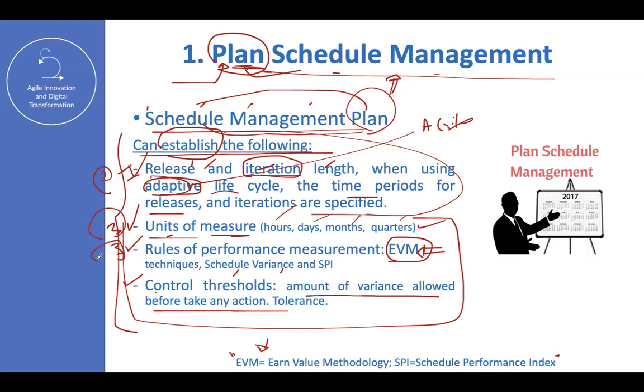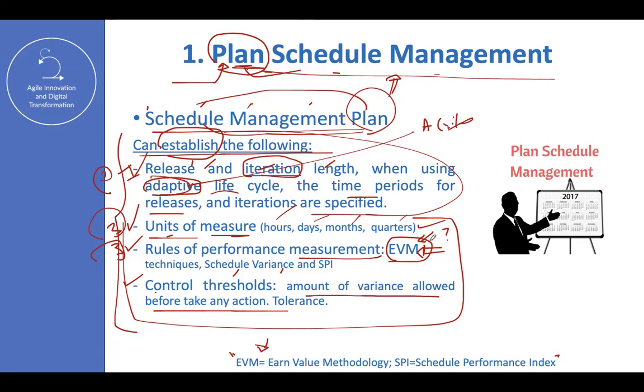Number 3, pay attention. Rules of performance measurement. We need to make an agreement on how we will be tracking progress or performance reports, how we will be tracking the performance. And one of the most specific tools for project management for the exam is EVM. What is that? I will explain coming up. I'm not going to explain earned value management right now, but it's something that we need to take time to explain.